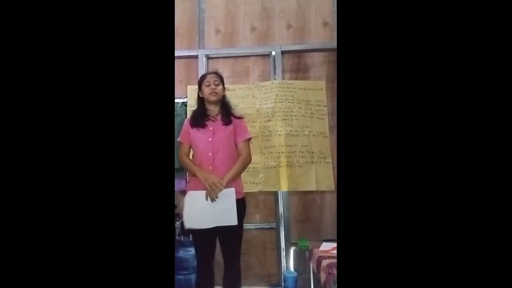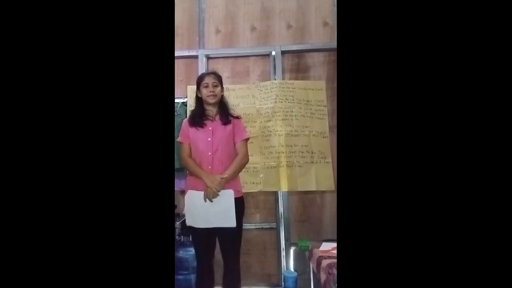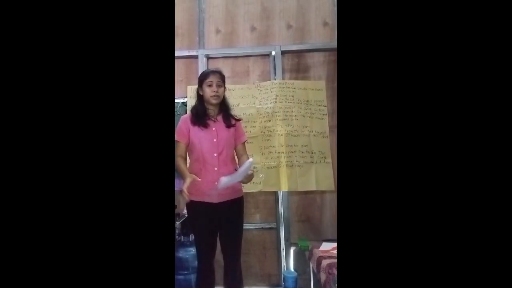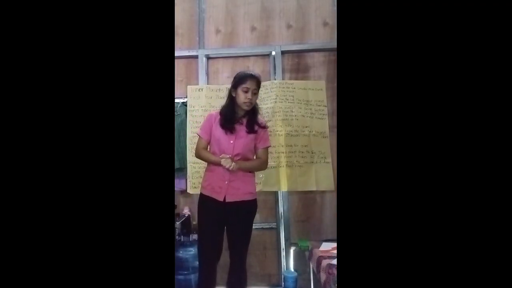Number 4. Blank is the farthest planet from the sun and it is very blue. Next, blank is the planet that rolls or moves on its side. Are we done? Pass your paper to the front.